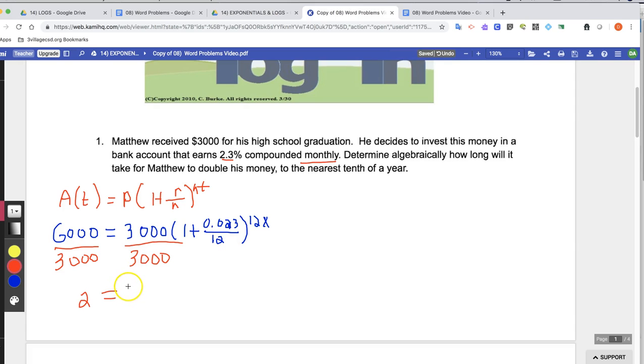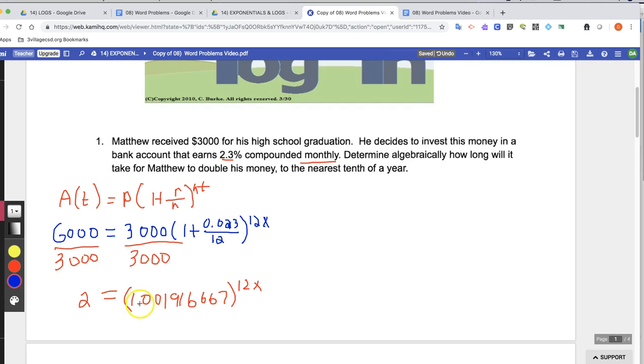And on the right side, I'm going to do the operation of 1 plus 0.023 over 12, calculate what that's equal to on my calculator, and that should give us 1.001916667, and that is still raised to the 12x.